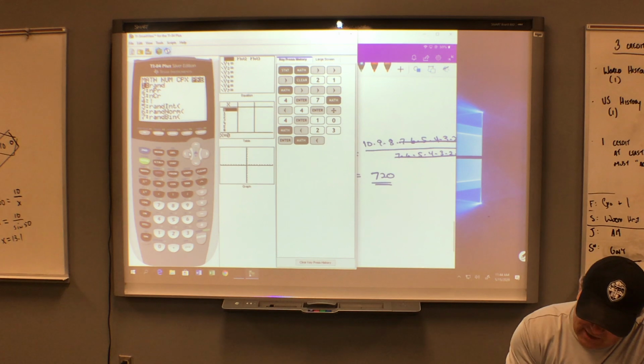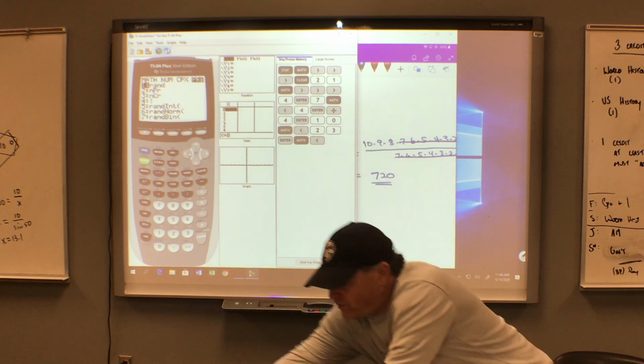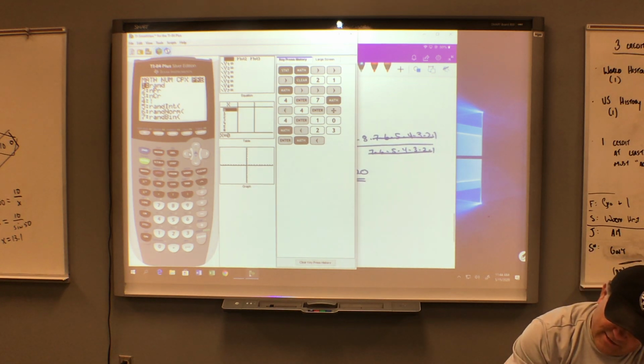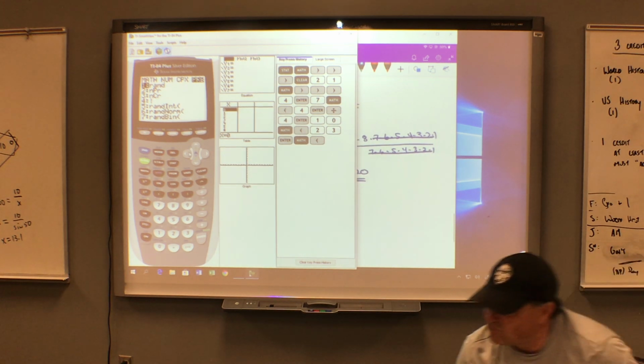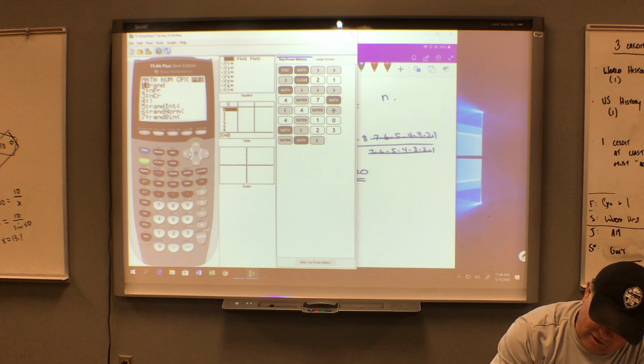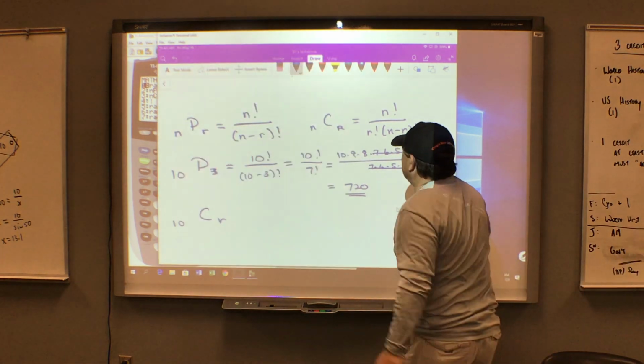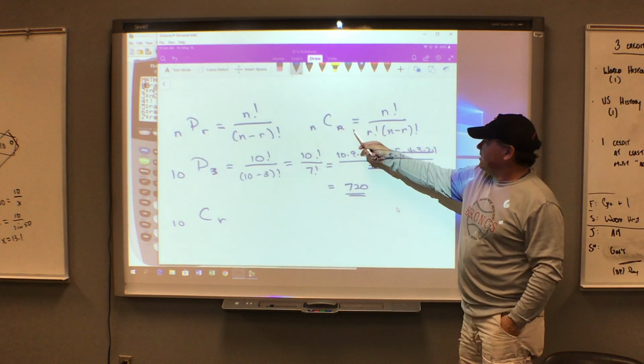So that's 10C3, and let me throw that formula out at you. nCr is equal to n factorial over r factorial times n minus r factorial. So there's my nCr.